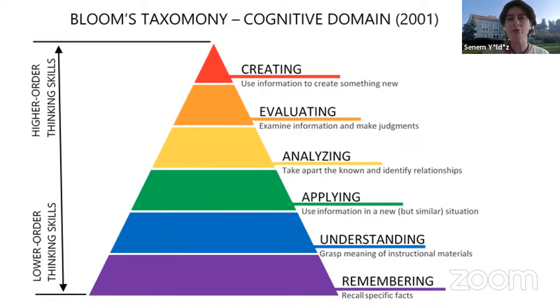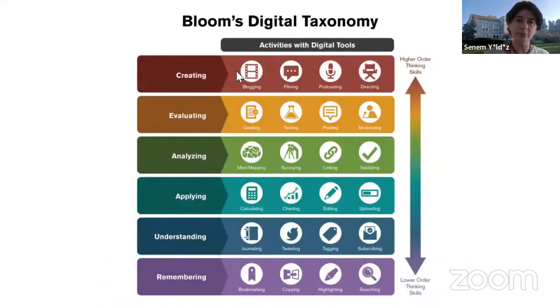So this has been used for years by educators in developing their learning objectives when they develop activities, learning resources for their students. Later on, Bloom's taxonomy has been also adapted to digital tools.